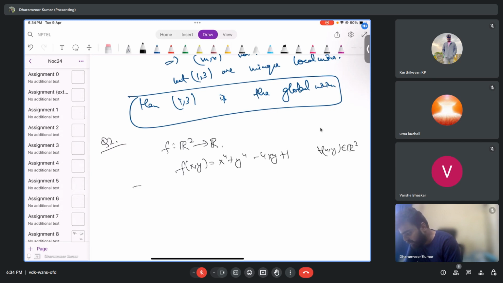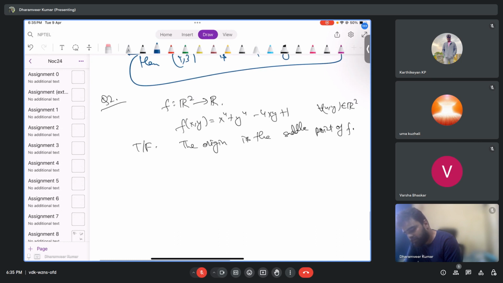So now it's a true and false question. The origin is the saddle point. In order to check this, first see when is fx. So what is fx? 4x cube minus 4y.